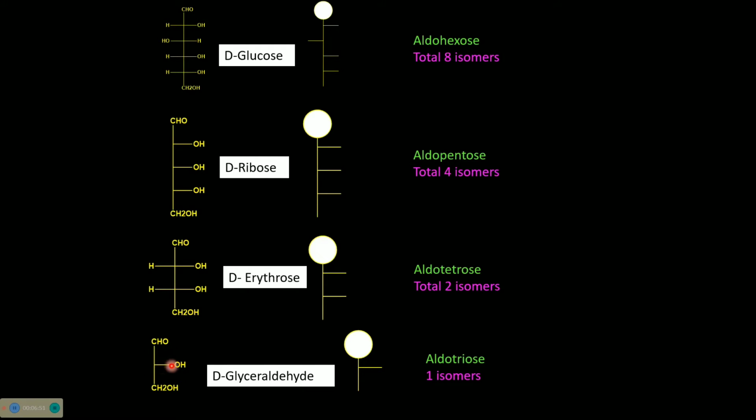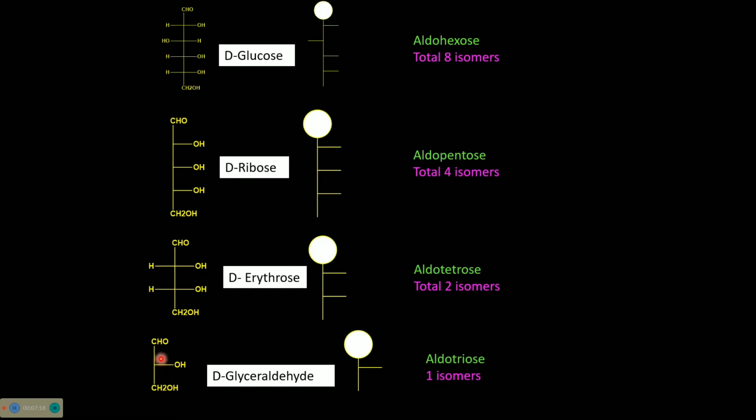So we already know the configuration of this carbon, that this is D only, not L. If we have to prepare L, then we have to synthesize it chemically. Naturally, only D-glyceraldehyde is available. That's why we are saying here one isomer.